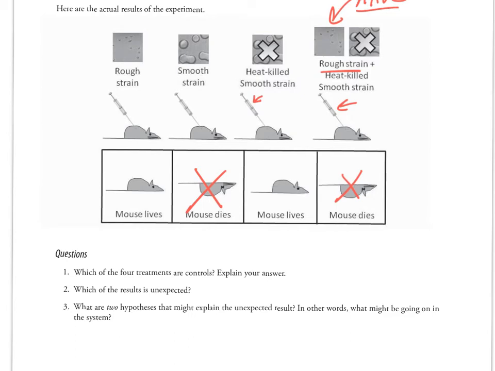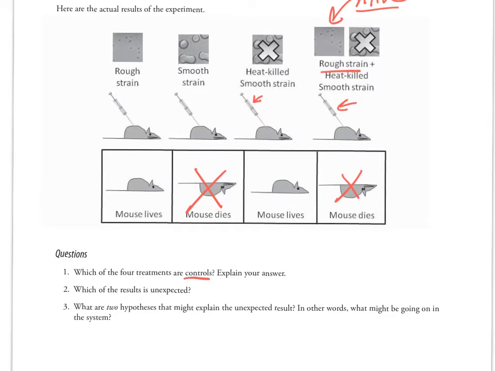And the three questions you have to answer are, which of the four treatments are controls? Explain your answer. And we just described it, right? I just told you the answer to that one, so you should rewind it and write it down if you didn't get the answer. You should think about what a control is. What is a control, right?